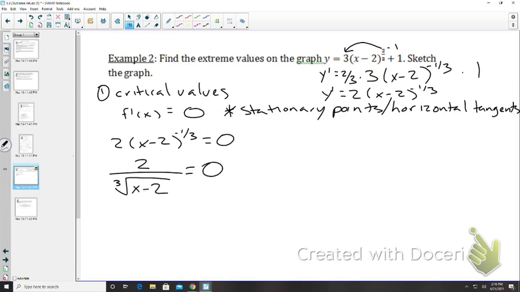When does that equal 0? Well, let's just start by simplifying, right? So we'll multiply both sides by the cube root of x minus 2.